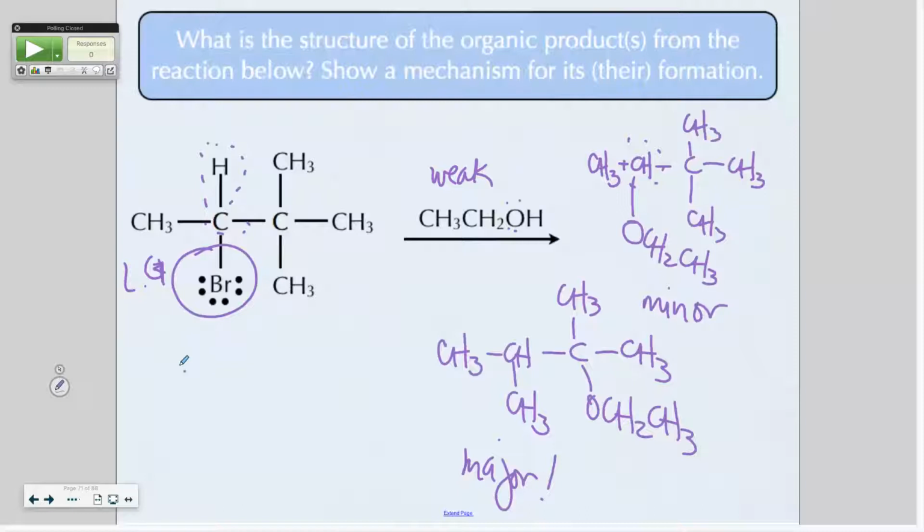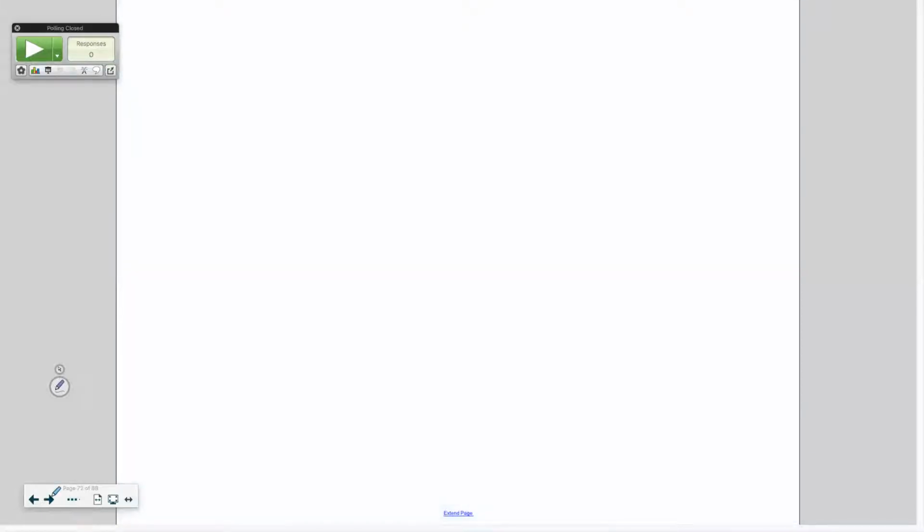Okay, so we're going to do this mechanism. Let's see, I do have a blank slide right there. All right, so here's where we're starting. I'll go ahead and put the H, just like I did on the other slide.